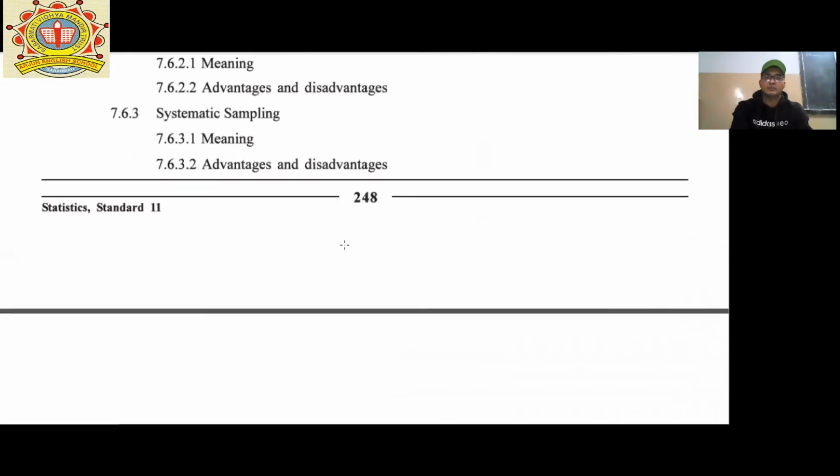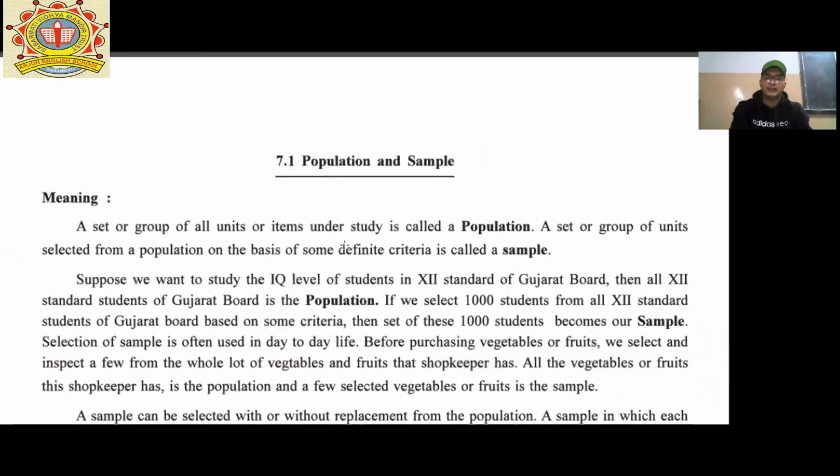Okay, so now I am going to start the first point, that is what is population. Now we have to understand the meaning of population. It means a set or group of all units or items under study is called population.